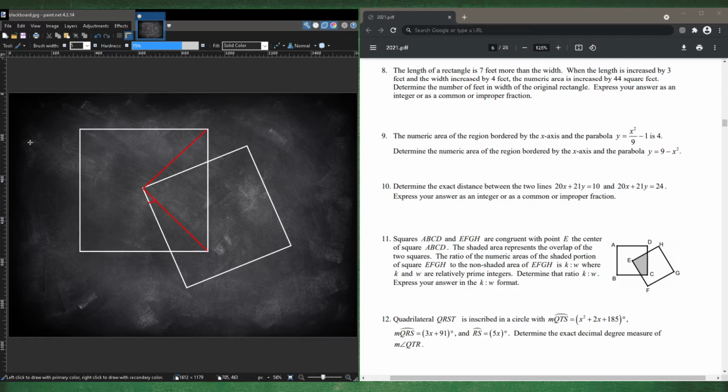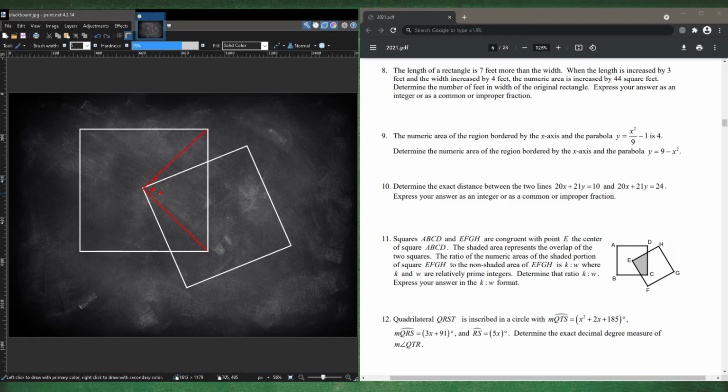And I'm going to prove this angle is the same as this angle, which is pretty similar, and you could do pretty easily. This is 90 degrees, so that means this angle plus this angle has to be 90 degrees, but this is also 90 degrees since this is a square, so this has to be by these two diagonals. That means this angle plus this angle has to be 90 degrees.